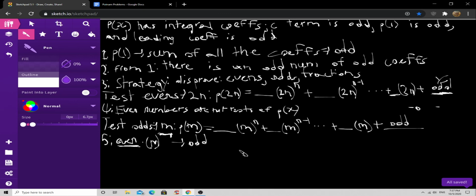Even numbers don't change the parity. So we can ignore all the even coefficients. So we're left with an odd number of odd coefficients. But if we have an even coefficient here, it still doesn't change the parity. Okay? So evens don't change the parity.